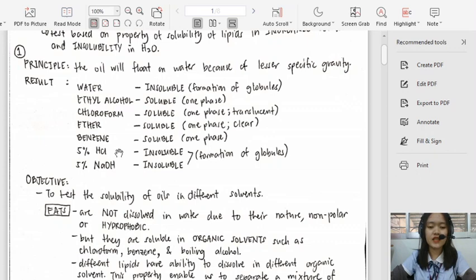Now, you have HCl and NaOH solutions. Okay, 5% HCl, 5% NaOH. So, these two are an example of inorganic substances or solvents. So, therefore, hindi soluble yung inyong cottonseed oil dito. So, there will be formation of globules or two-phase liquids.